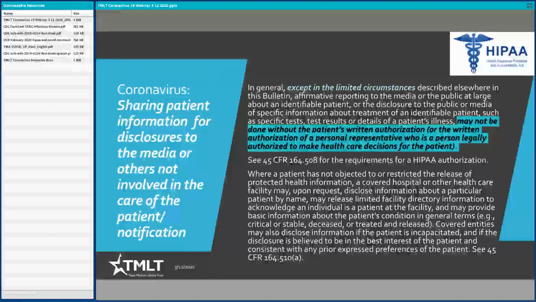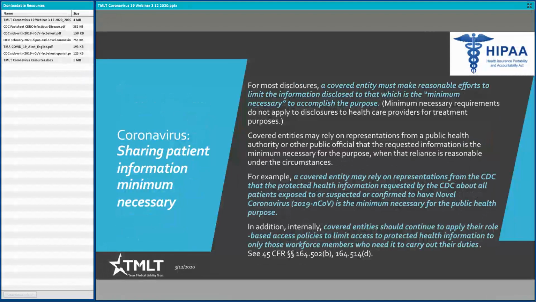For example, if you got a call from a local news media asking if you have a specific patient in your practice, or if you have a specific patient that has been diagnosed or suspected of having coronavirus disease, unless the patient has given you written authorization to release that to the media, you should decline to be interviewed or decline to answer the questions.